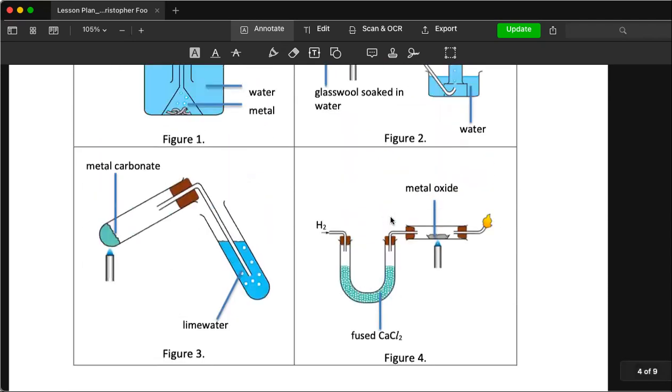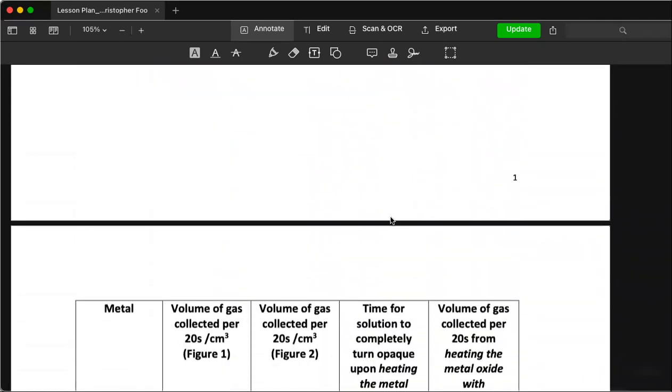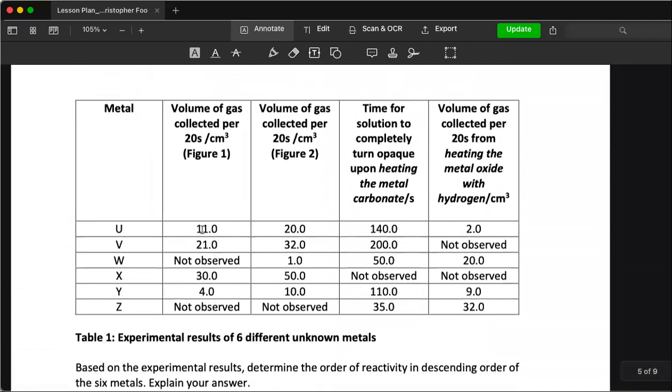They haven't learned this topic yet, so it's based on intuition and logical reasoning. For example, they are supposed to know that if this metal is the most reactive, within the same time of 20 seconds, it's expected to collect the highest volume of gas.